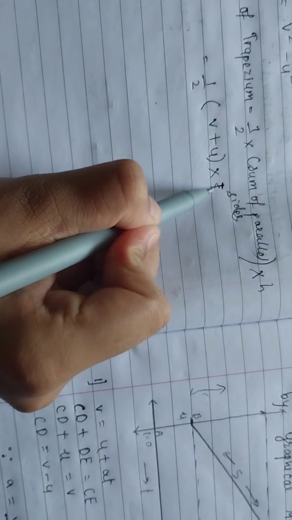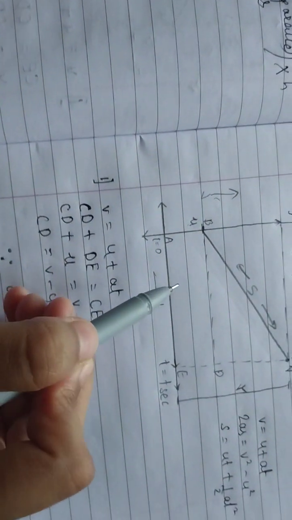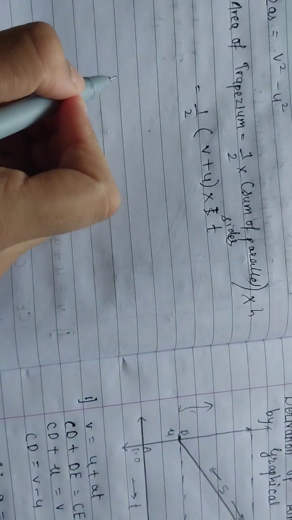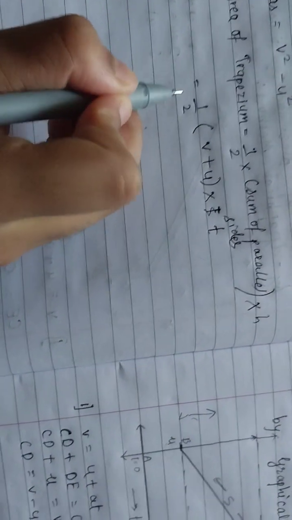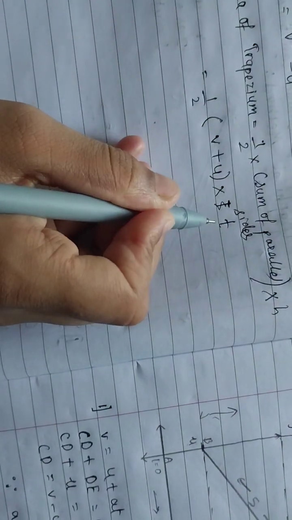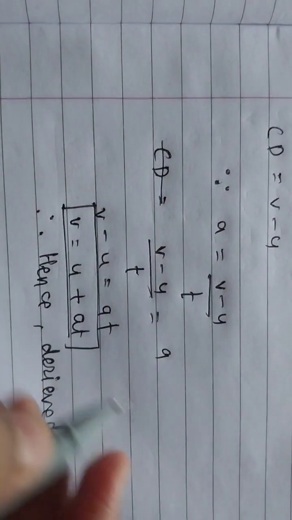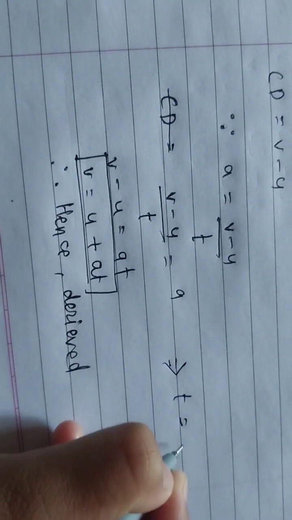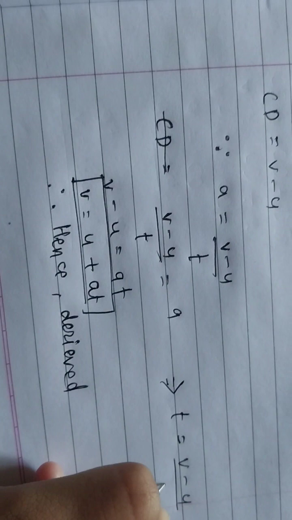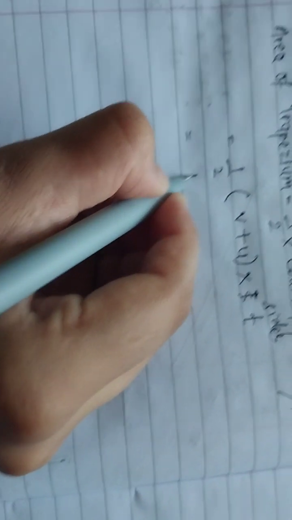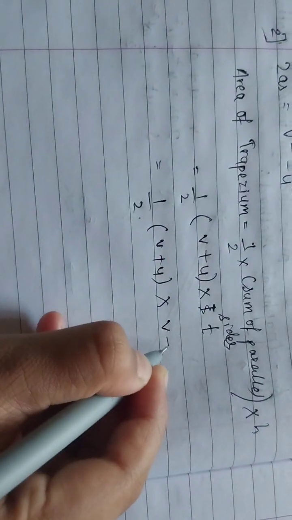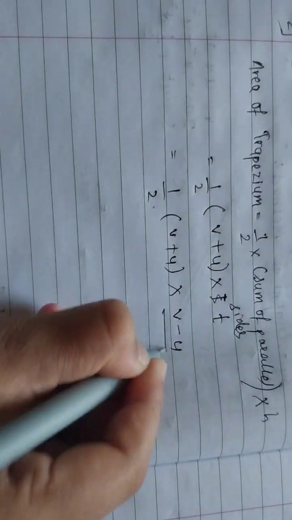h is here this time, so we write time. Now we substitute the value of time: t is equal to v minus u upon a. So half v plus u into v minus u upon a.